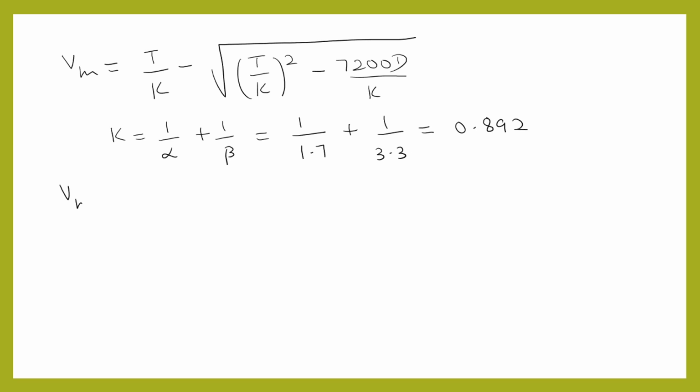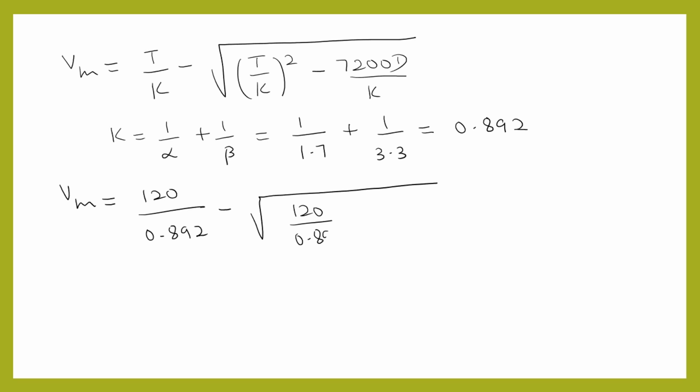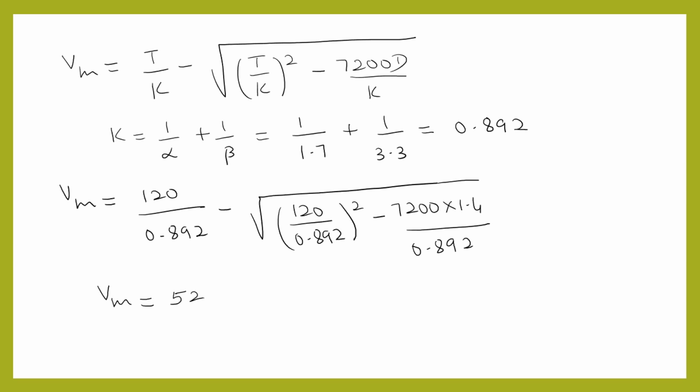Therefore, Vm equal to 120 by 0.892 minus square root of (120 by 0.892) square minus 7200 into 1.4 by 0.892. Solving this equation, we get the maximum speed Vm equal to 52 km per hour.